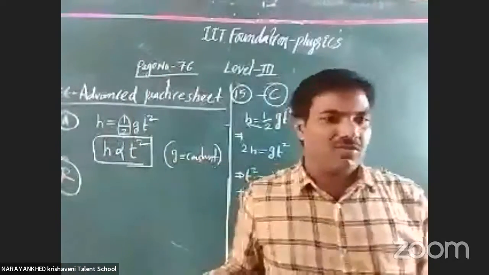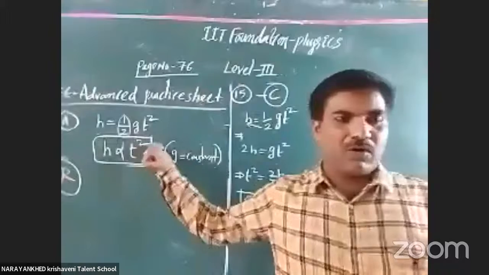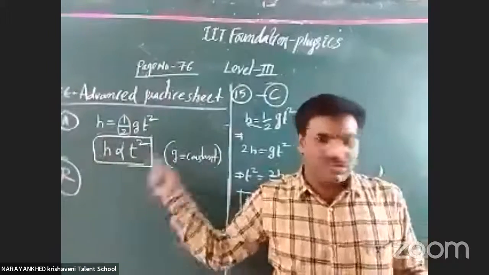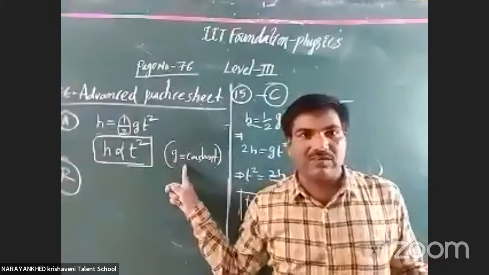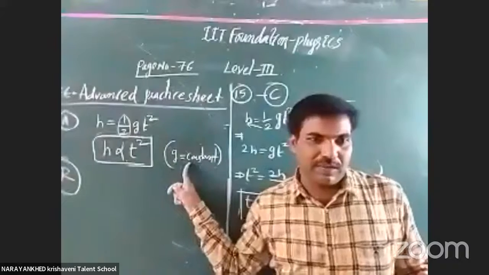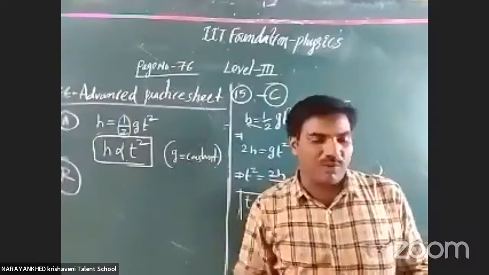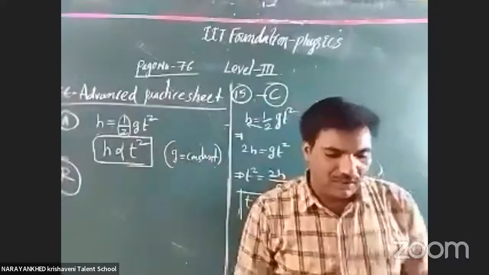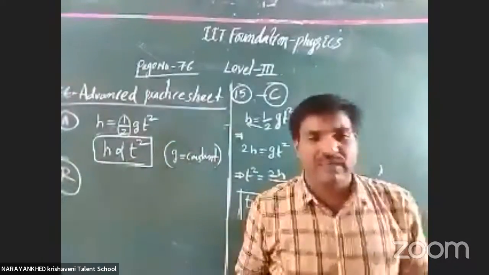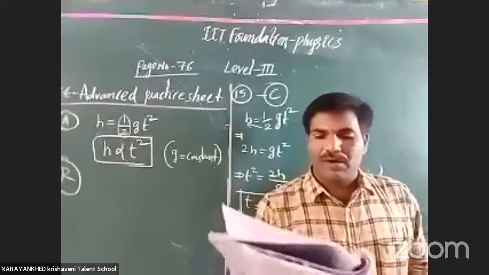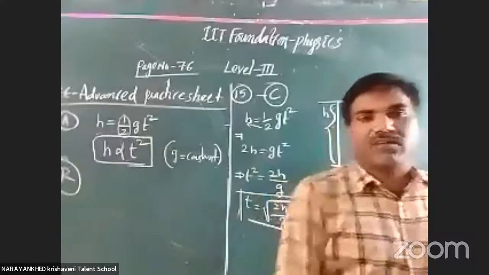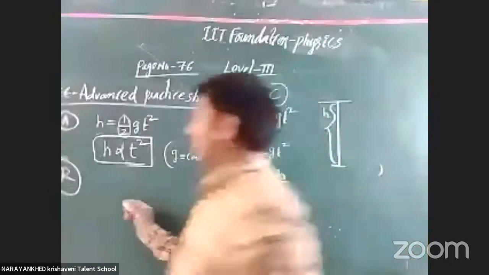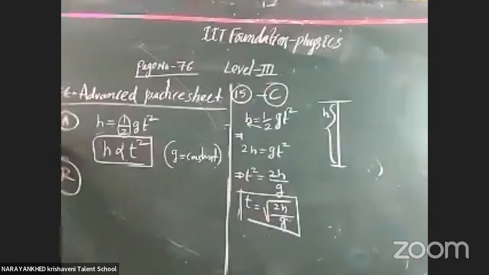That is not explained about the acceleration due to gravity, which is a constant here. That is why it is not a correct thing. So the answer for the first question is B.